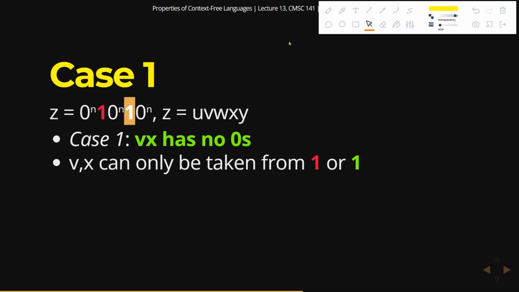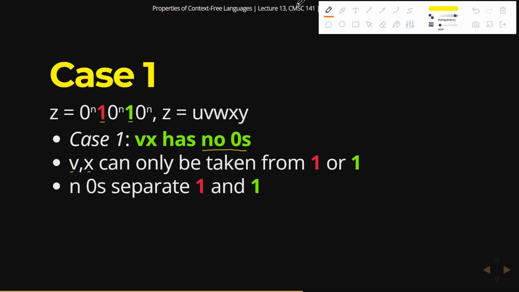Okay, because the only non-zero symbols in the string are this one and this one. So if it has no zeros, then you can only take v and x from either the red one or the green one. So take note that there are n zeros that separate them.